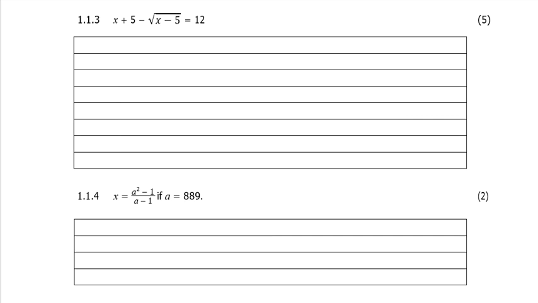1.1.3, again, we're given an equation to solve. It'd be simple if we take this part of the equation to the right, and then it will become negative, and we bring the 12 to the left. So we have x plus 5 minus 12. To simplify, alright, and of course we can square both sides.